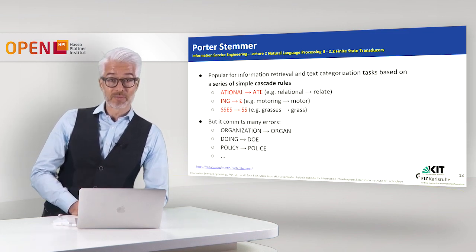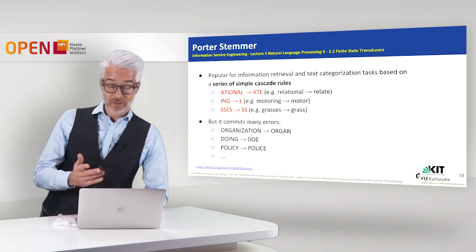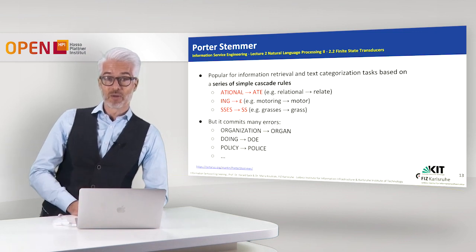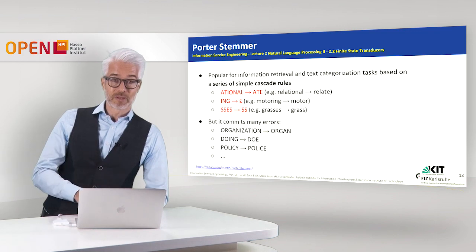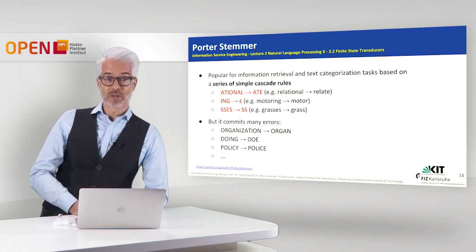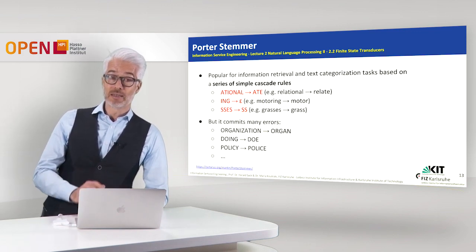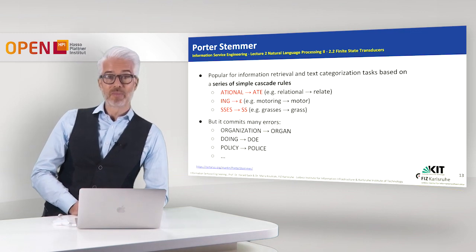So motoring, the stem form is motor. So lots of these kinds of irregular forms can also be immediately encoded with the help of the Porter stemmer, or sses will be substituted with ss. So this is a stemmer, and this can simply be implemented with the help of a finite state transducer.